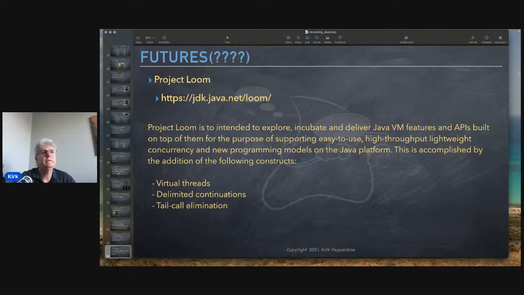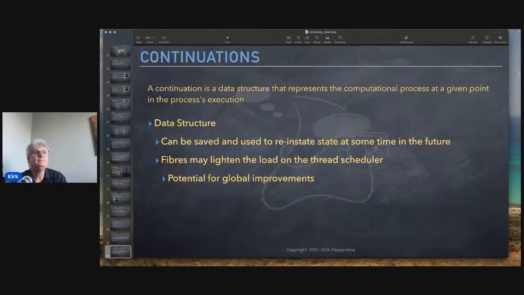So this is one of the things that you might want to look at. I guess I could talk about continuations. Again, these are models for asynchronous programming to help you not have one native thread per call.